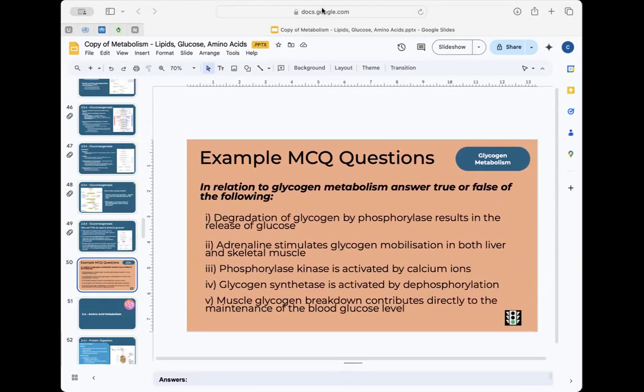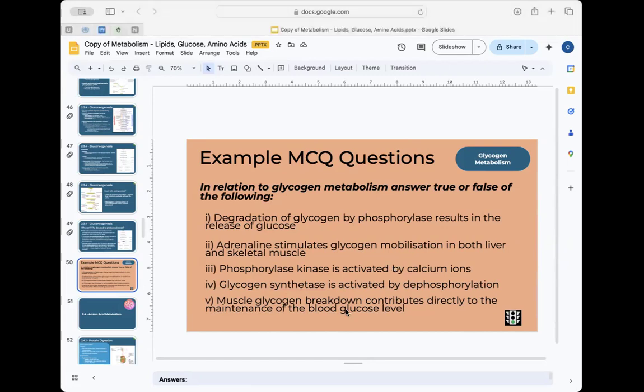Oh, I've got people in the chat now. Defo true. I agree. So adrenaline triggers glycogen breakdown in both tissues via the cAMP pathway. Third one, phosphorylase kinase is activated by calcium ions. True. Glycogen synthase is activated by dephosphorylation.